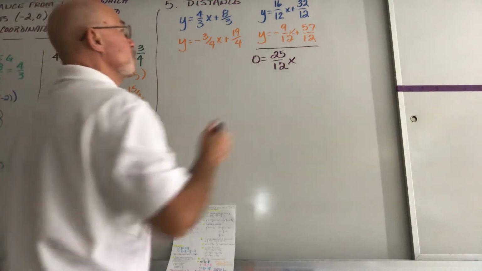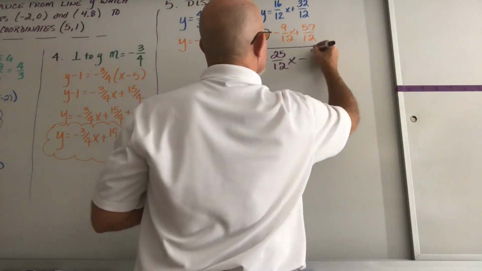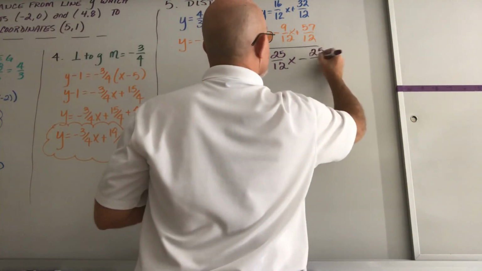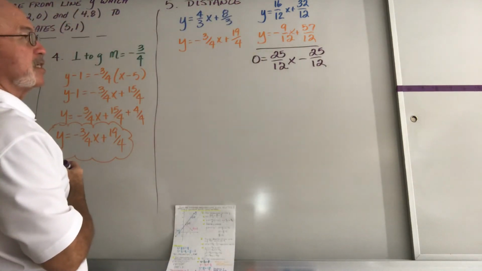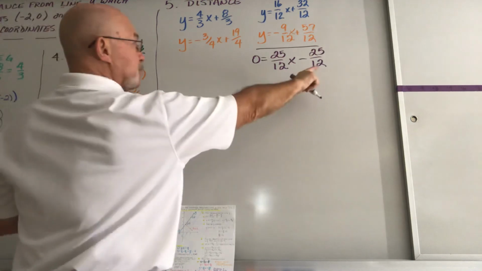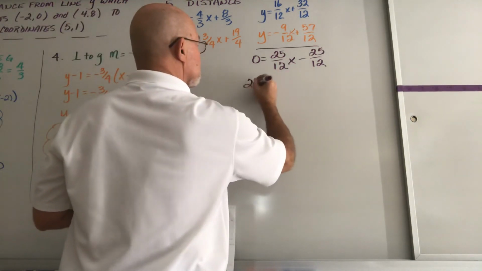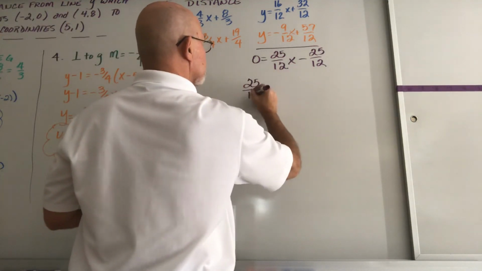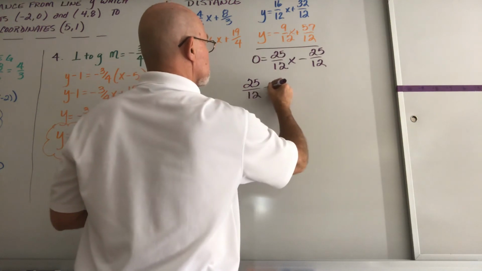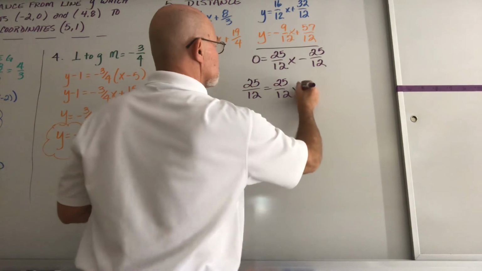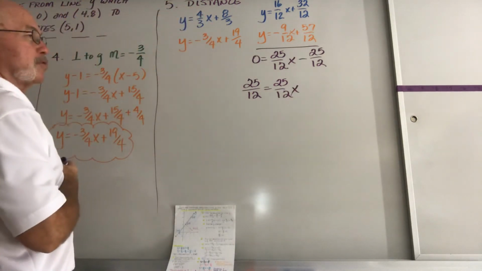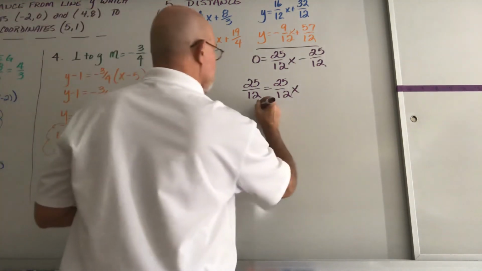Okay, and then over there we're going to do the same thing, subtract. I hope you're seeing this is going to be very clean in a second. I'm going to add that to both sides of the equation. Divide both sides by 25 twelfths.